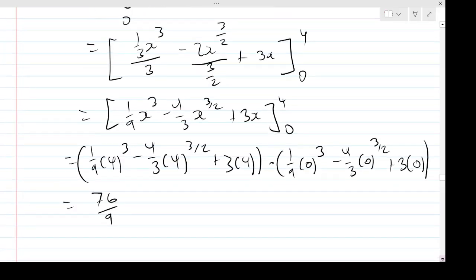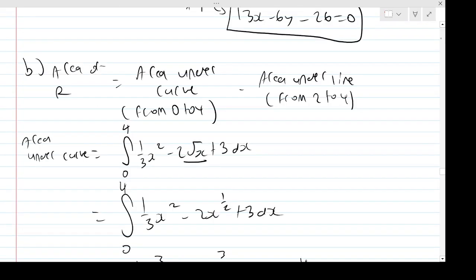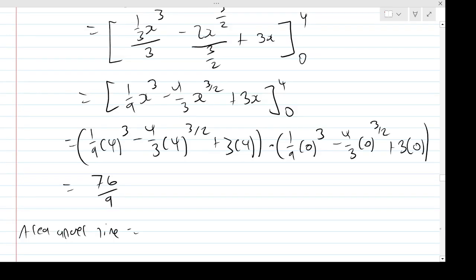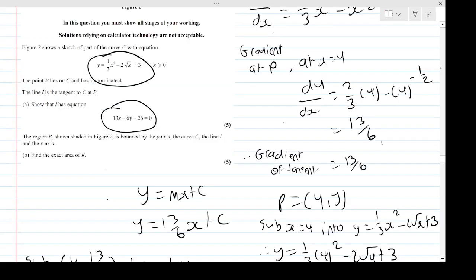So then the area under the line, as we saw here, it's from 2 to 4. And then the line they told us was this. Well, we'll need to rearrange to get it in terms of y.